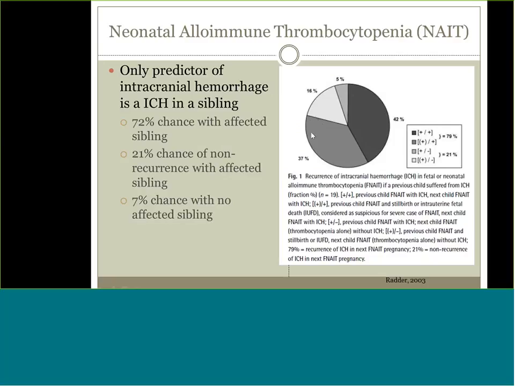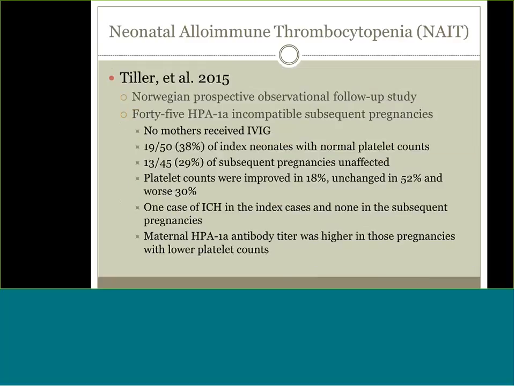And 72% of these subsequent siblings ended up having intracranial hemorrhage, but 21% did not. So they did some rough math and said, well, if you had a sibling who had NATE but did not have an intracranial hemorrhage, your chance of intracranial hemorrhage is only about 7%, 10% or thereabouts. So that's tough math.